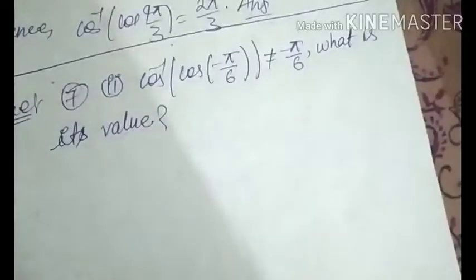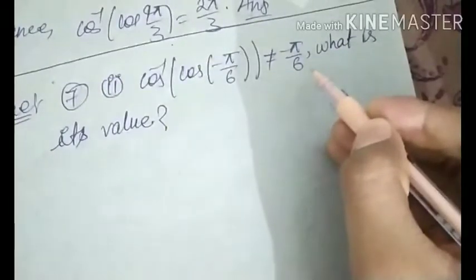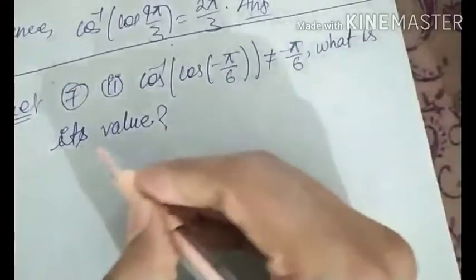Exercise 2.1, question number 7, second. Is cos inverse cos minus pi by 6 not equals to minus pi by 6, and what is its value?